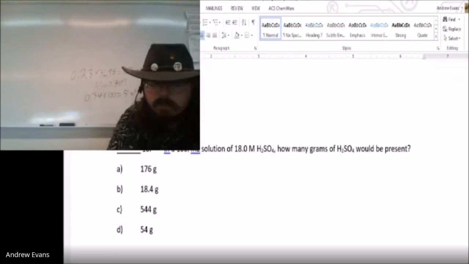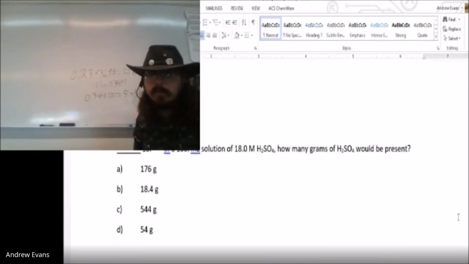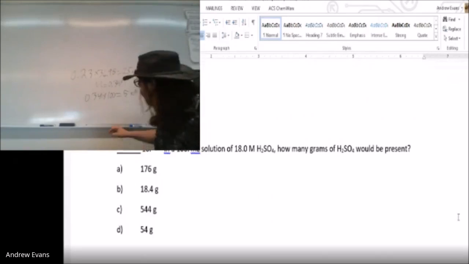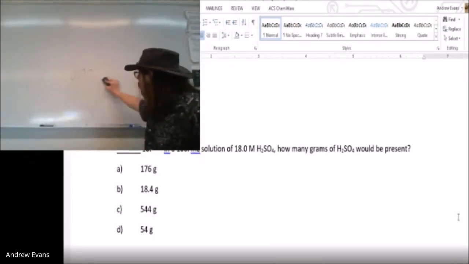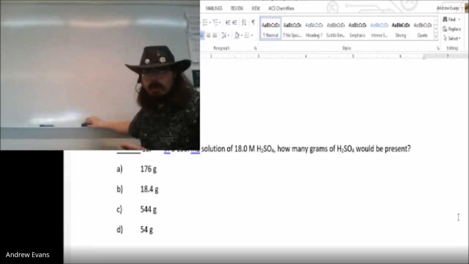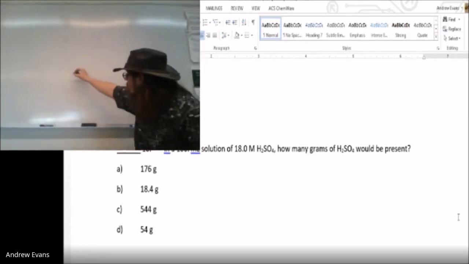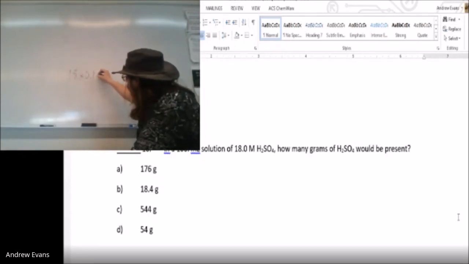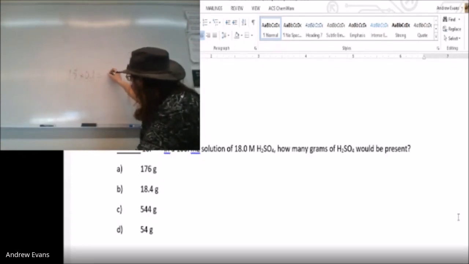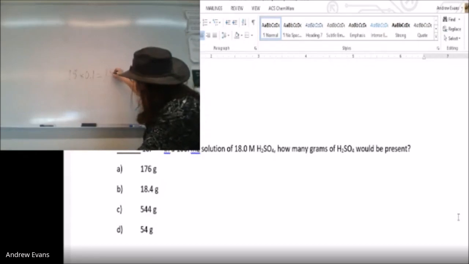16. In a 100 mL solution of 18 molar sulfuric acid, how many grams of sulfuric acid must be present? So in this case, I'm turning molarity to moles to grams. So 18 times 0.1 would give us 1.8 moles.